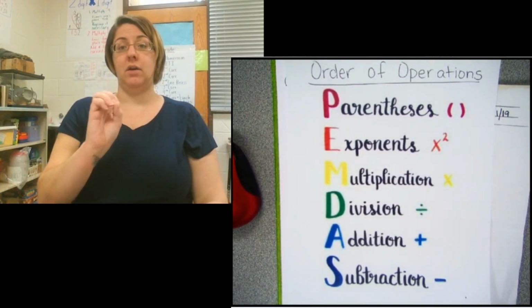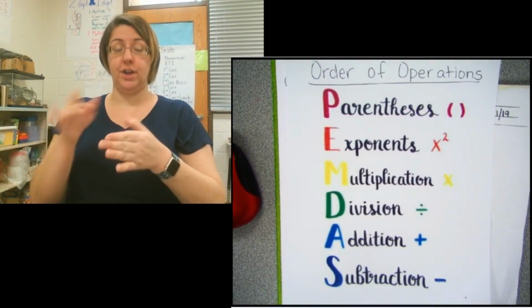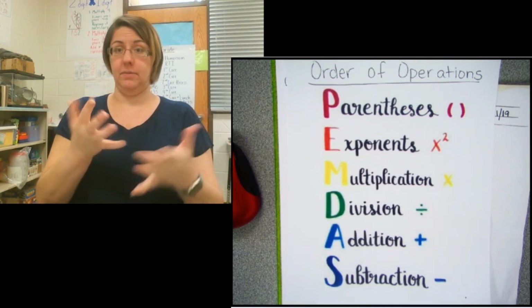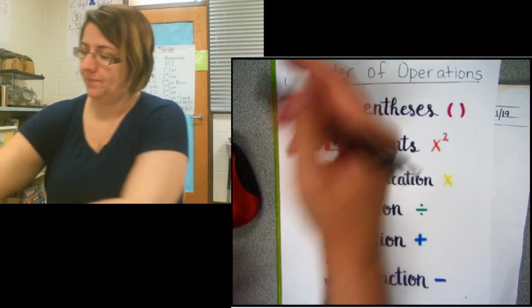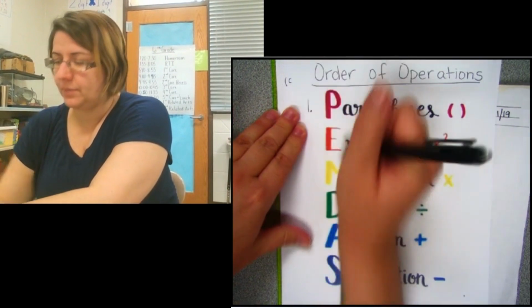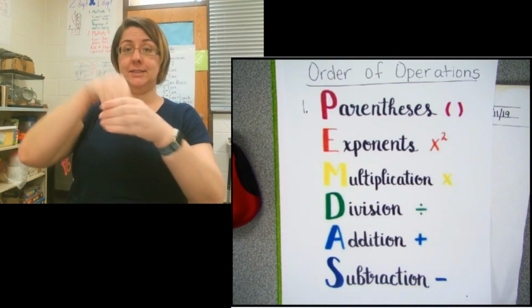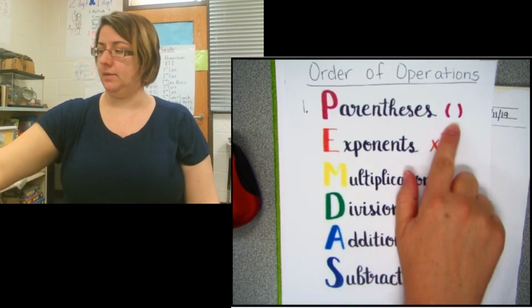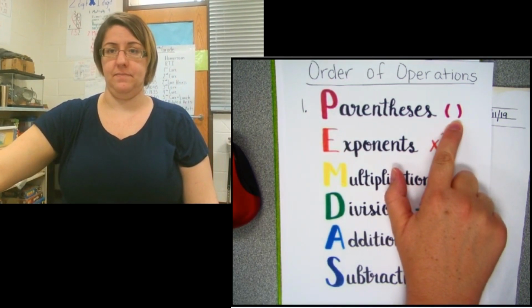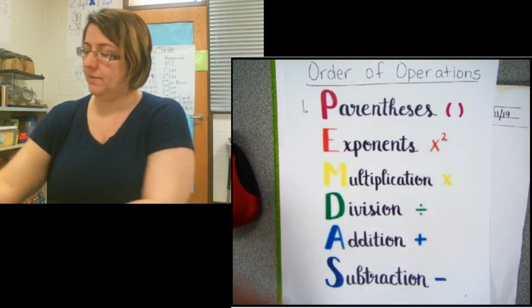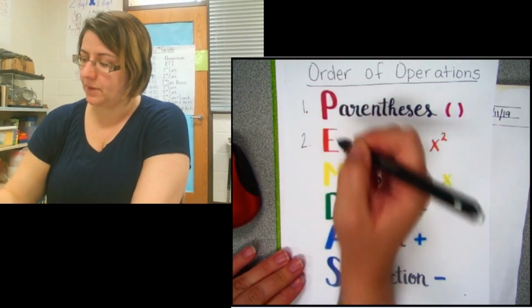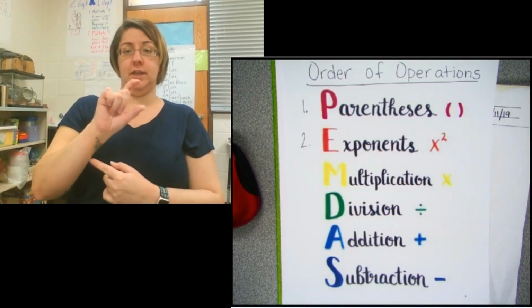Okay, so this is the order that you are working everything. First, you do all of the work that is inside the parentheses. Then you do the exponent.